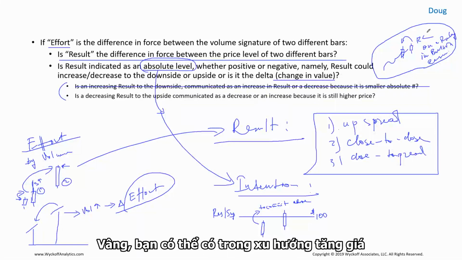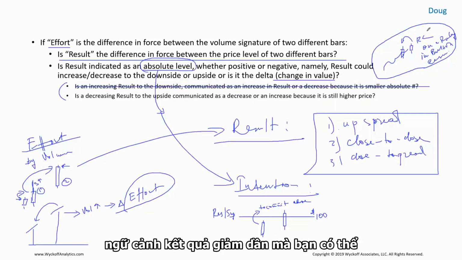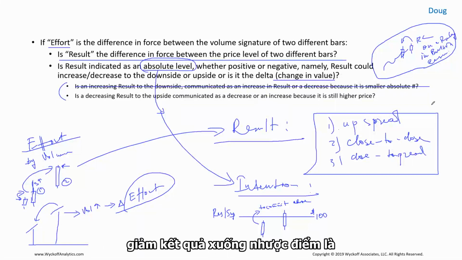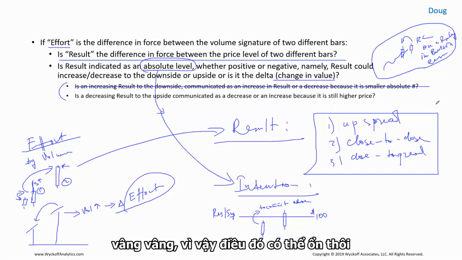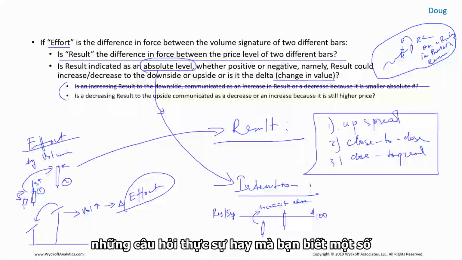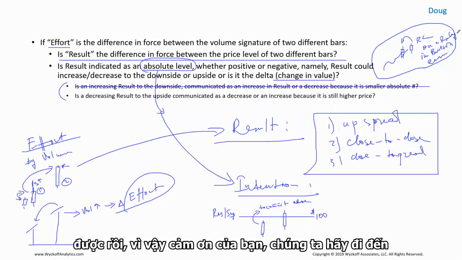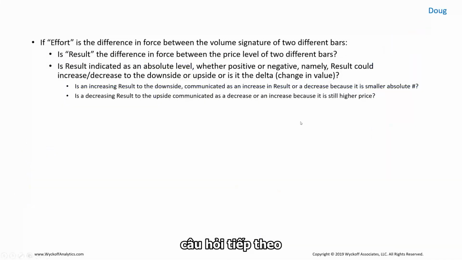So yeah, you could have in the bullish context a decreasing result. You could have in the context of the downswing a decreasing result to the downside as well. So that's possible. Really good questions, some interesting distinctions that we're discussing here. All right, so thank you, Doug. Let's go to the next question.